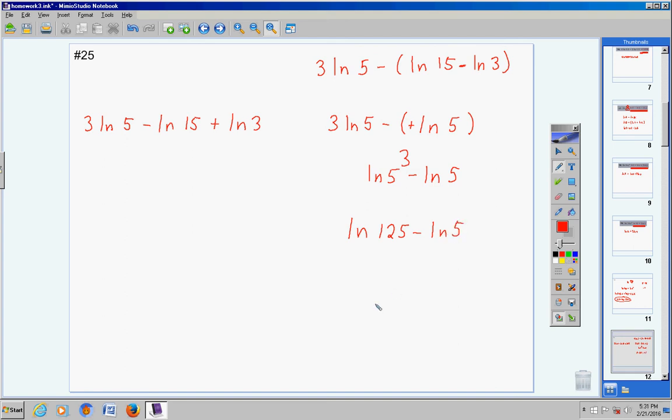Okay? Now these 2 logarithms have the same base. They're both base e. They have no number to the left. So we can take these 2 logarithms and condense them down to 1 logarithm. The 2 logarithms are subtracting, so we're going to divide these 2 numbers. 125 divided by 5 is 25. So the answer is the natural logarithm of 25.